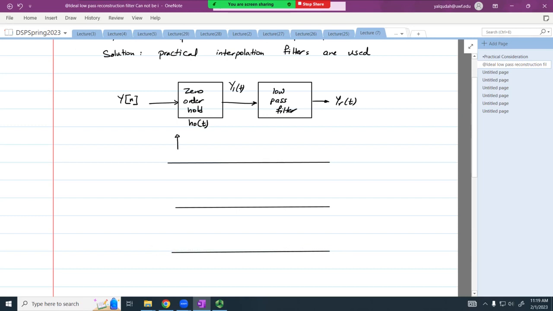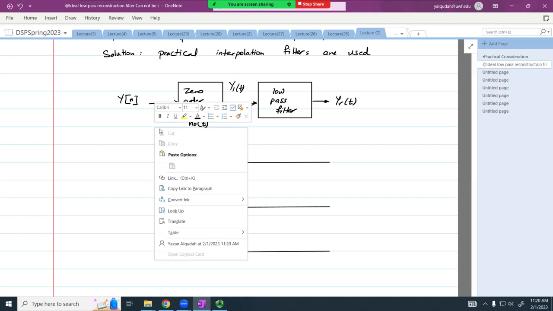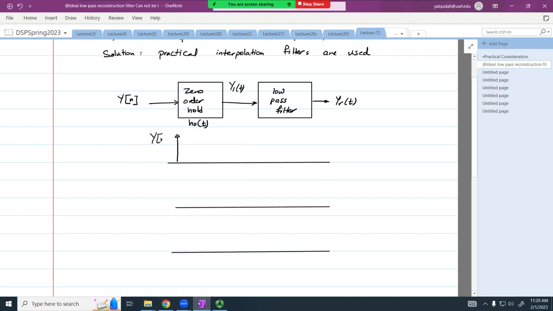And y of n looks something like this. These are the values that you have in your file, and we're going to convert it now to a signal. So we're going to pass it through a zero order hold.